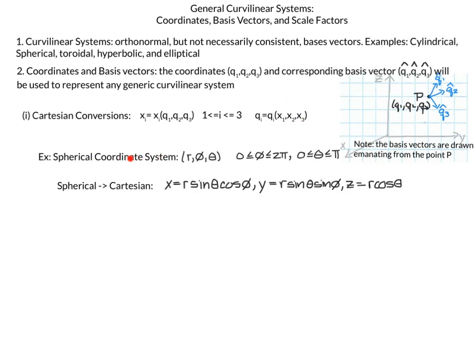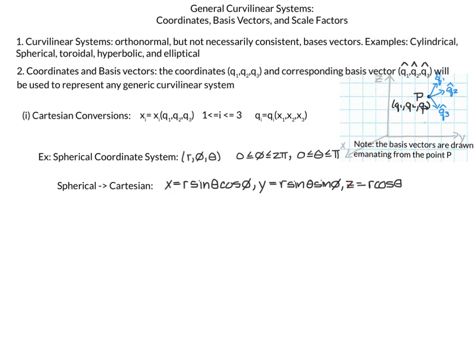Using spherical coordinates as an example, our q1 will be r, our q2 is going to be phi, and q3 will be theta. Our phi goes between 0 and 2 pi, our theta goes between 0 and pi. So for our conversion from spherical to Cartesian, we have x1, which is our x coordinate, x2, which is y, and x3, which is our z coordinate.